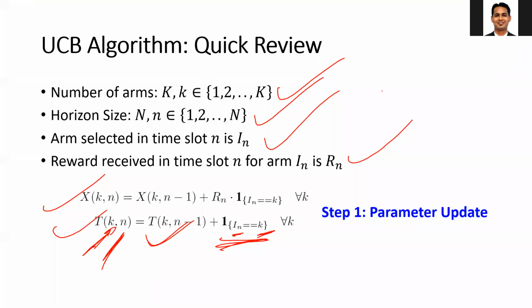So the first step in the UCB algorithm is that based upon your actions in the previous time slot, you get the reward and you update your parameters x and t. T indicates the number of times you have selected the particular arm, and x indicates the total reward you got when you selected that particular arm.